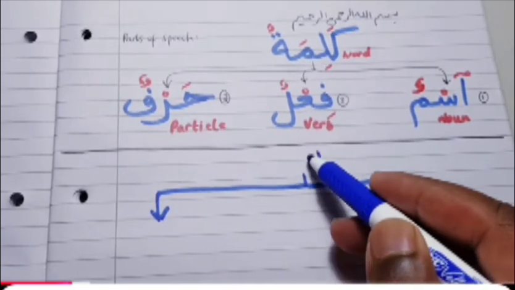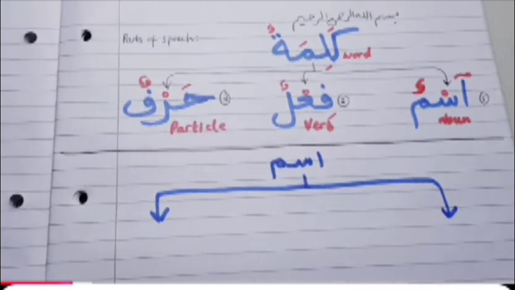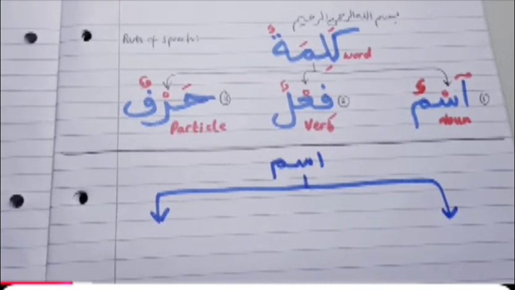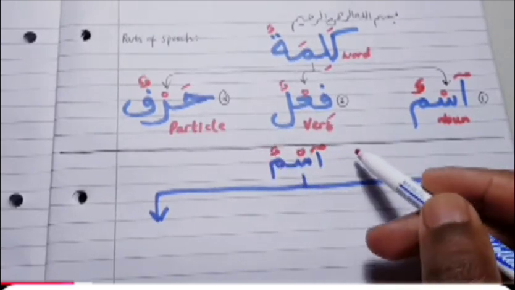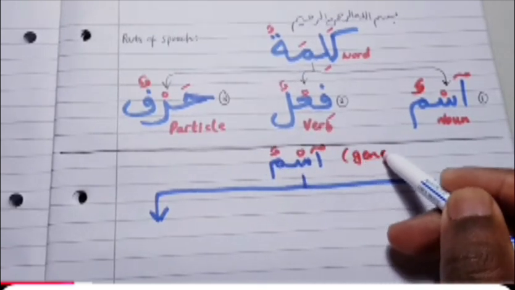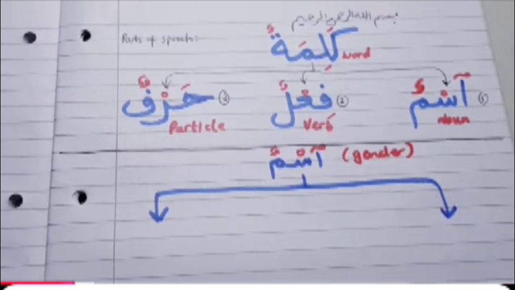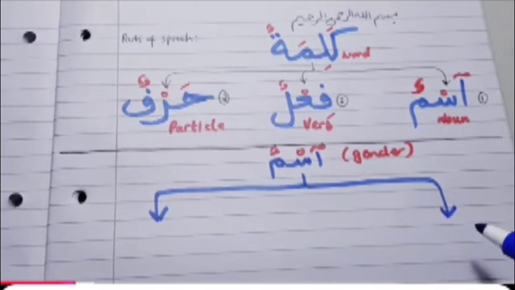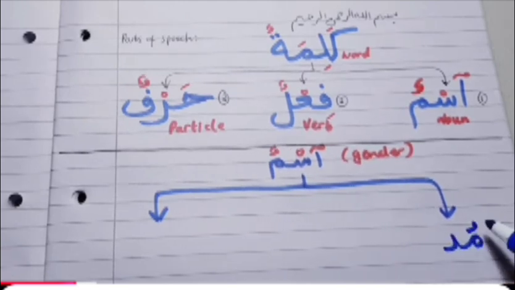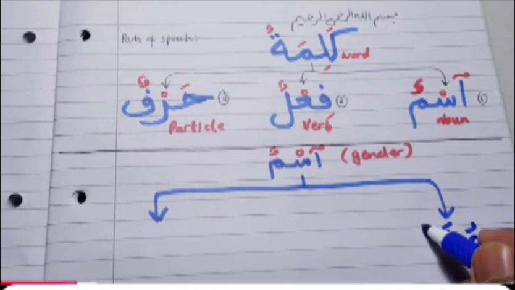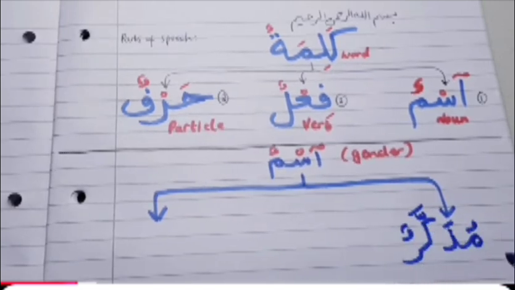So ismun, in terms of gender, we have two types. It's either going to be masculine. We say masculine in Arabic, mudhakkarun.